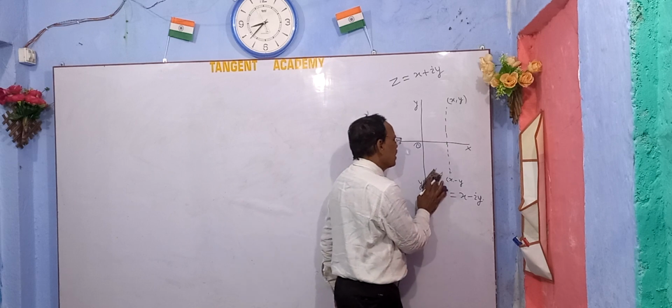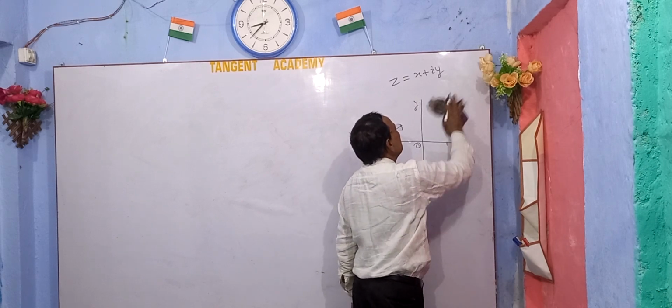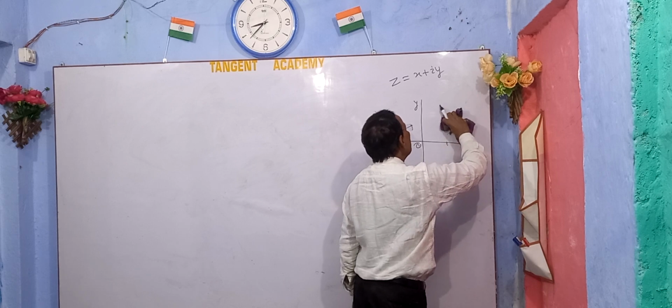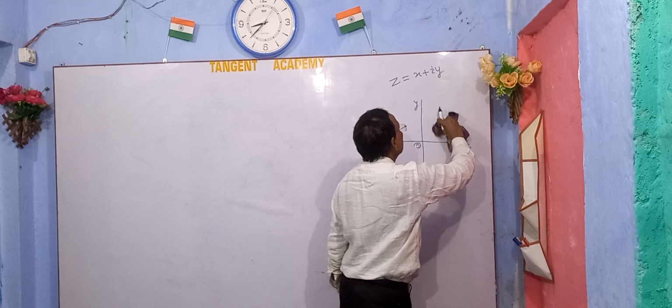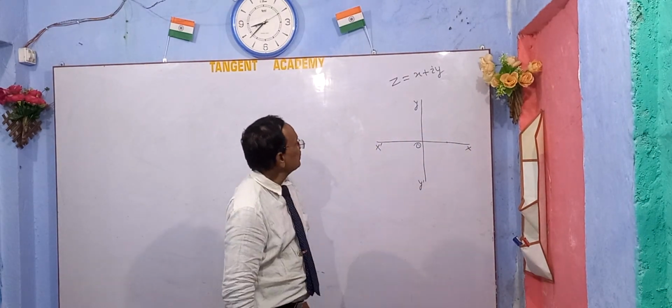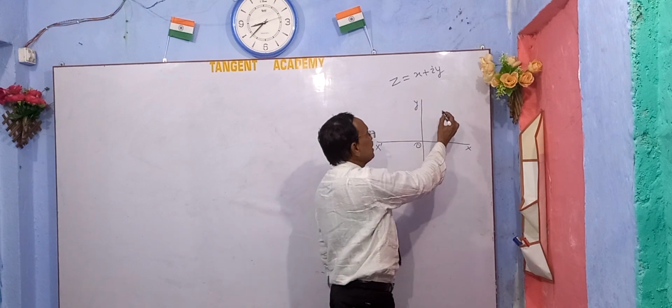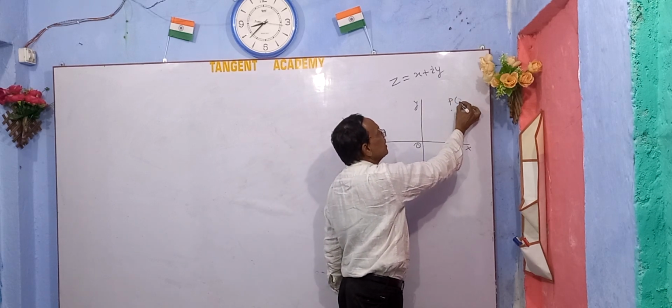Now we wish to establish the relation between a polar coordinate and a Cartesian coordinate. Suppose in the Argand plane there is a point P whose coordinate is xy.